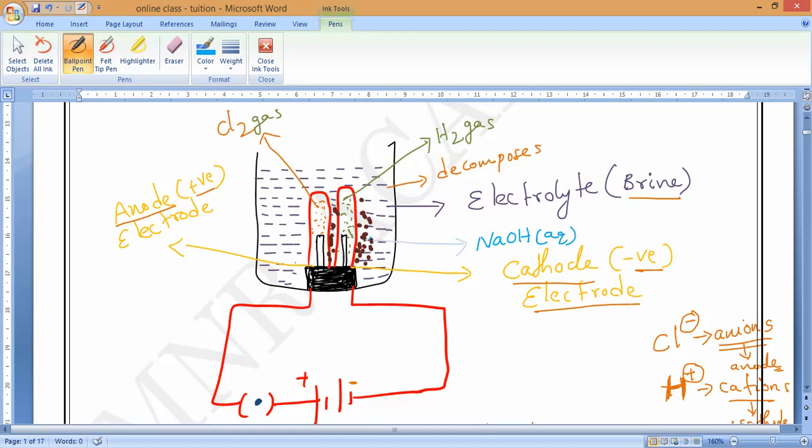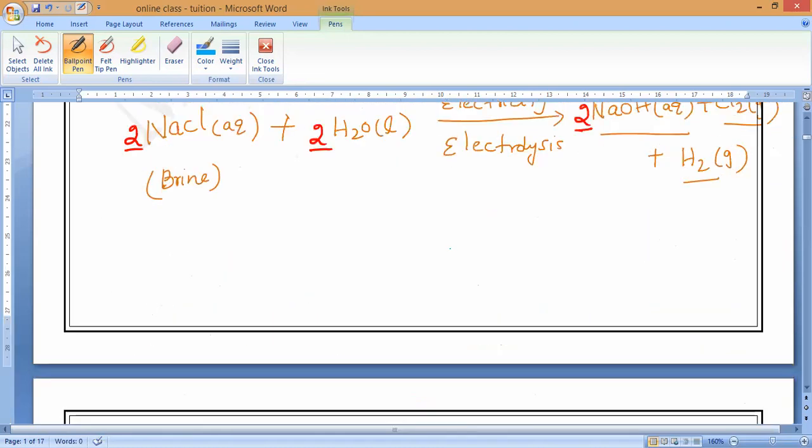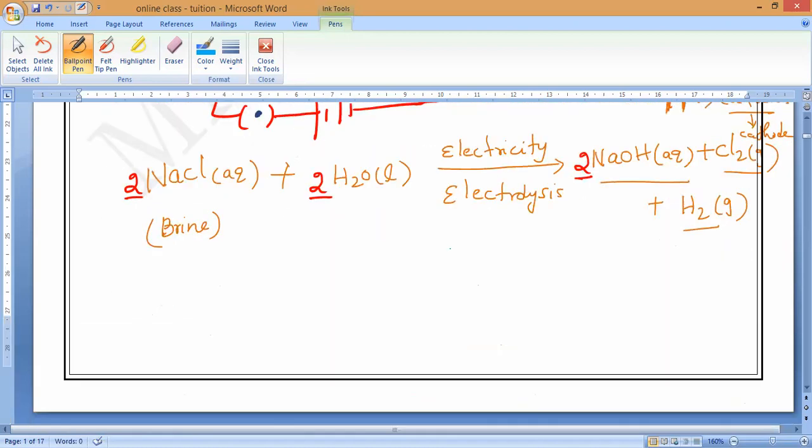That is what you have to remember. Do it fast, all of you. Near the cathode, the aqueous solution will form, which we call sodium hydroxide solution. Please note it down.